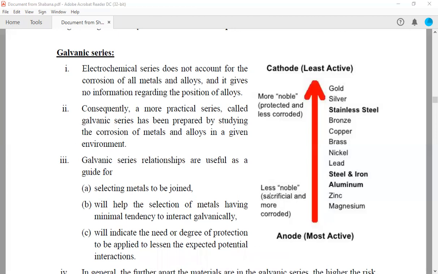That means the anode is less noble, and it is sacrificial and more corroded because oxidation takes place at the anodic region. Whereas the cathodic region is more noble, protected and less corroded. The best examples are gold and silver. These are the noble metals which are protected and less corroded.